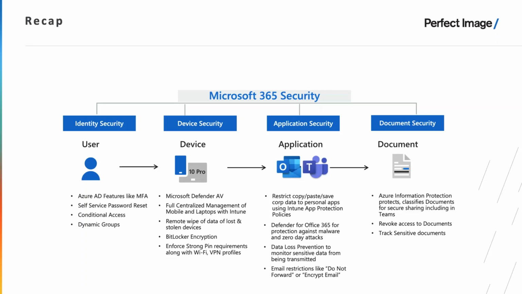Then you get to data loss prevention and information protection, and the two of those can work hand in hand as well. They aren't separate. You can link the two policies. So this is where you can classify and protect the sensitive information and restrict the forwarding or copying of those sensitive emails and documents. So you can have threat protection and information protection as an advanced SKU. It's like an add-on SKU, but it is also added into the E5 plans.